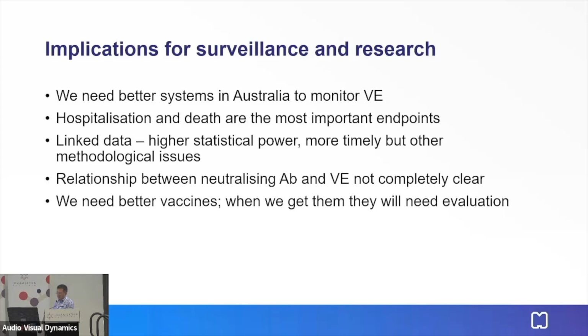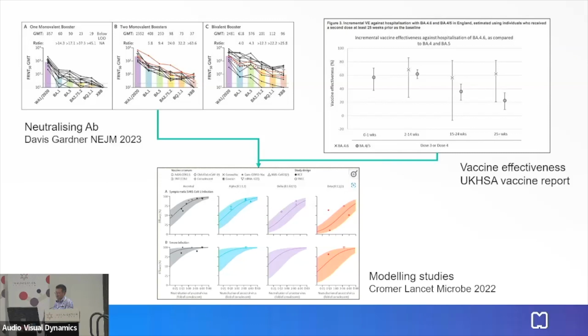I'll talk a little bit about neutralizing antibodies. Obviously the first studies that come out when there's a new variant are these neutralizing antibody studies, but how we relate that to vaccine effectiveness still isn't completely clear to me. Does doubling the antibody really change vaccine effectiveness much, or for how long? And then as we get better vaccines, as Terry's talked about, we will need to evaluate them and compare them, and there won't be comparative trials to do that. So we need to have systems, ongoing systems to monitor vaccine effectiveness.